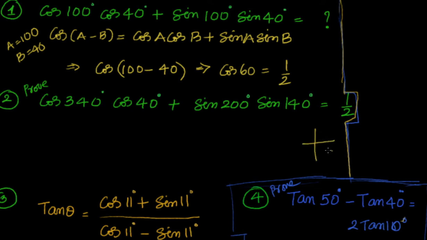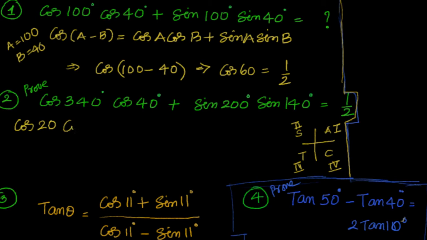In the fourth quadrant is cos, first quadrant is all, second quadrant is sin, third quadrant is tan. Cos 340 is nothing but cos of 360 minus 20. In the fourth quadrant cos is positive, so this becomes cos 20.